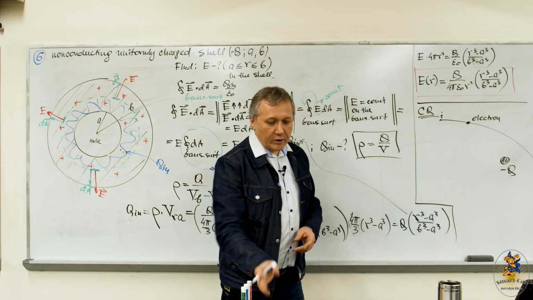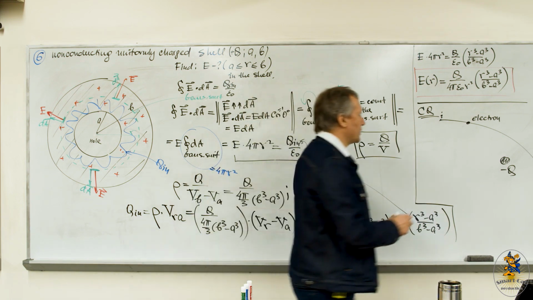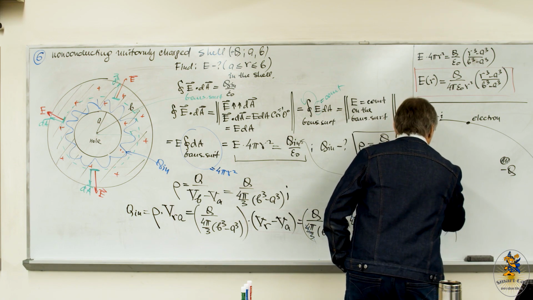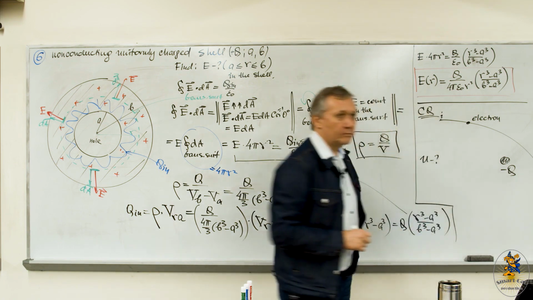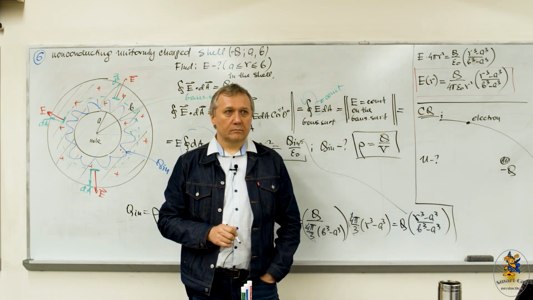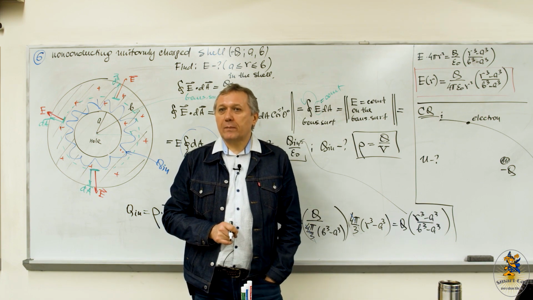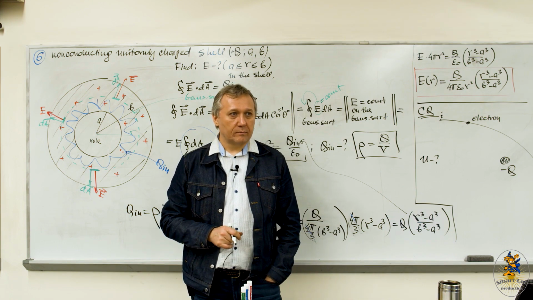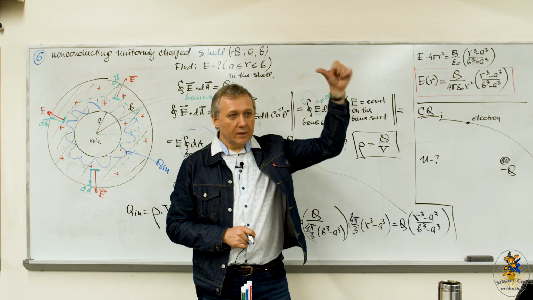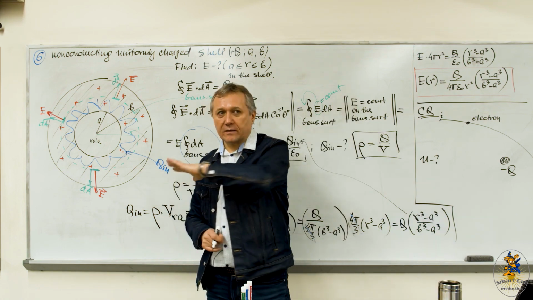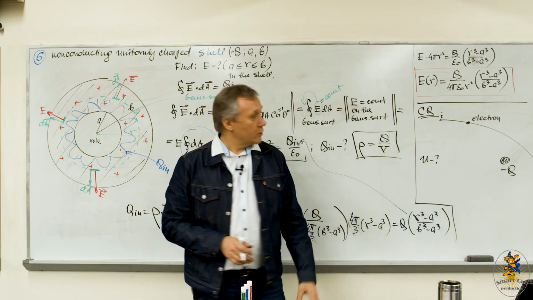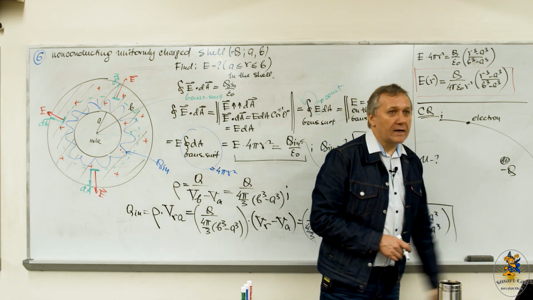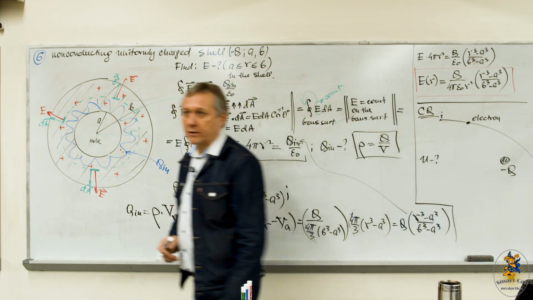We need to answer the question, what happens with the potential energy of the system? What's the dynamics of the potential energy? Is it increasing? Is it decreasing? Does it stay the same? So what happens with the potential energy as the electron travels along this trajectory?